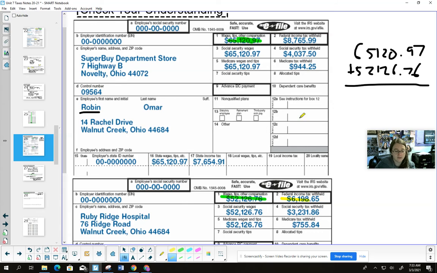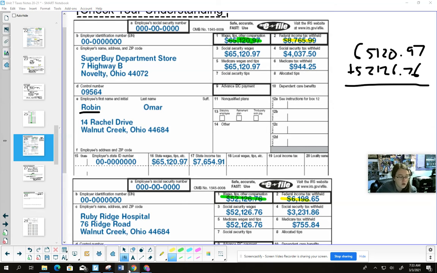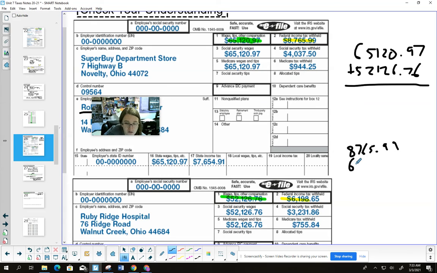Okay, well, there's the federal income tax. There's the federal income tax. We are going to add that together here. So I've got 8765.99, and I've got 6198.65. Okay, I've got 8765.99 plus 6198.65.